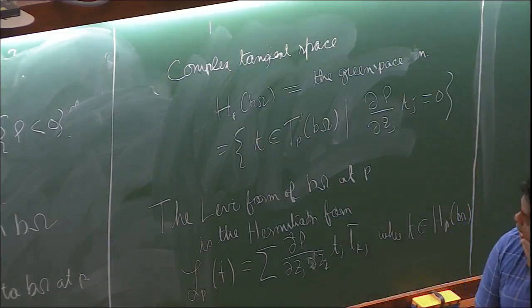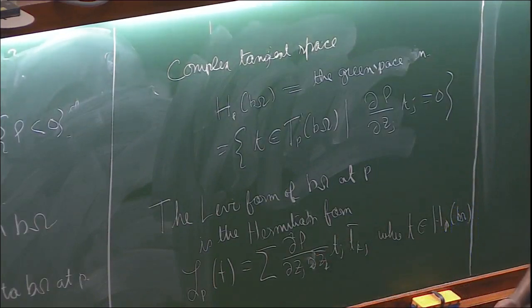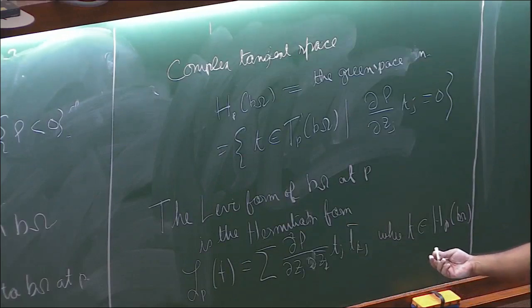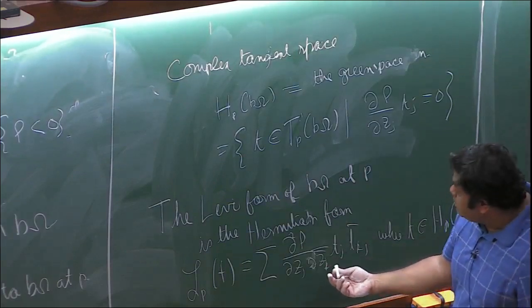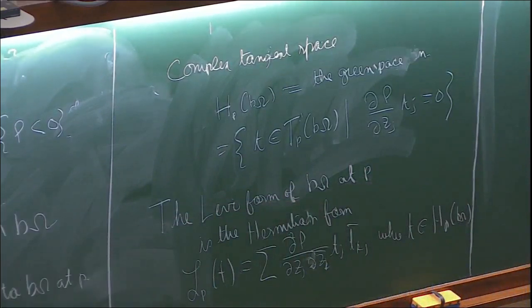So therefore, if you are familiar with the second fundamental form of a hypersurface, this can be thought of as the Hermitian part of the second fundamental form. And this is defined only on the green complex subspace. So I think I have run out of space here, so I'll have to go to the other side to complete the definition that is needed for fact 2.